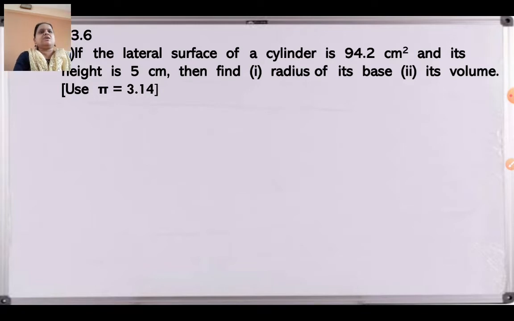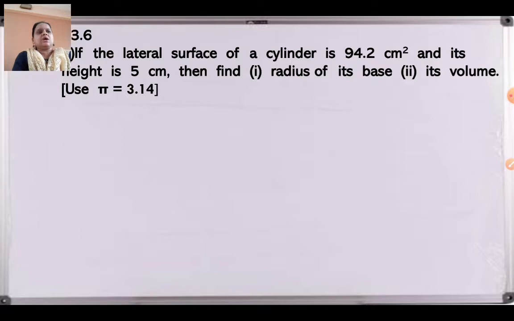Now what is given? A lateral surface area. Lateral surface area of a cylinder is nothing but curved surface area. So do you remember the curved surface area formula? Yes, the curved surface area formula is 2 pi r h, in which the height is given as 5 centimeter and we have to use the pi value as 3.14.